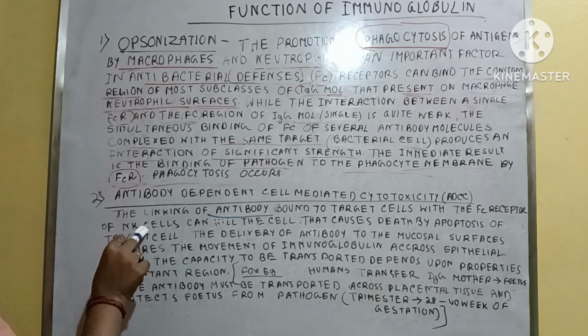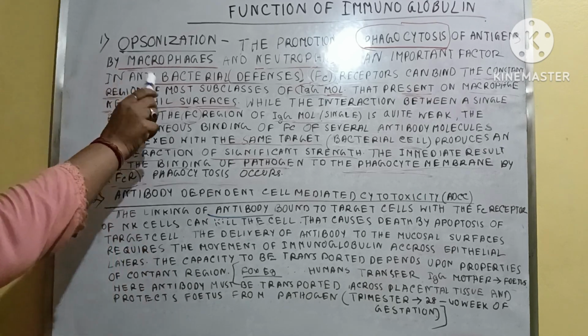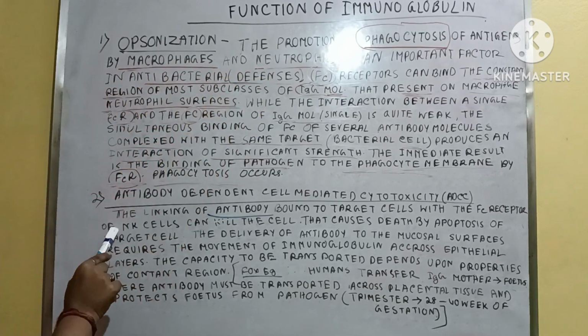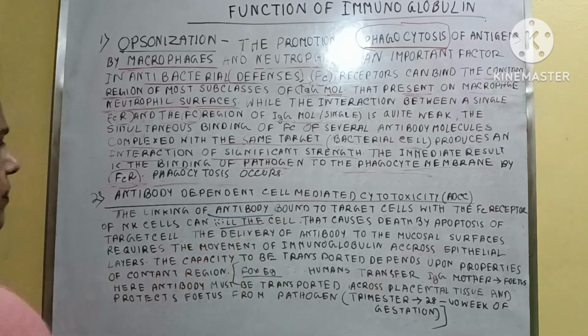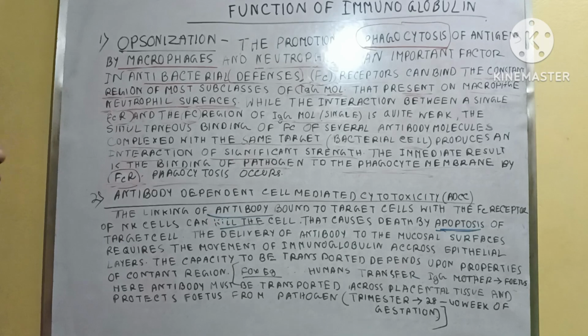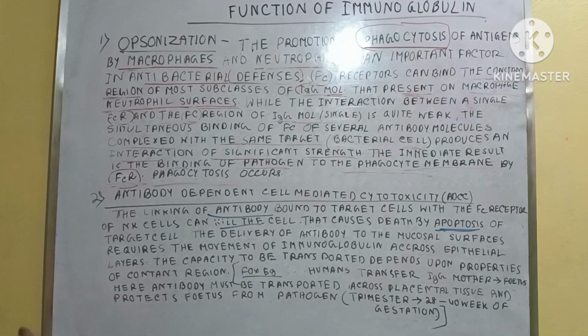NK cells means natural killer cells. There the cells were macrophages and neutrophils, and here the cells are the NK cells or natural killer cells. They can kill the cell, causing death by apoptosis. Apoptosis is another process by which they damage the target cell.